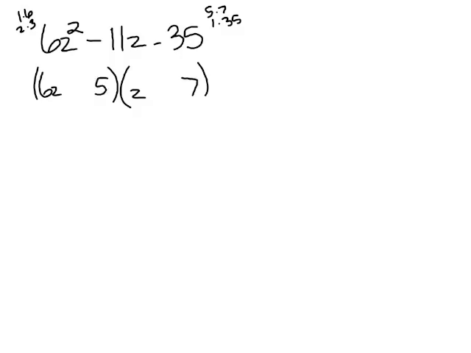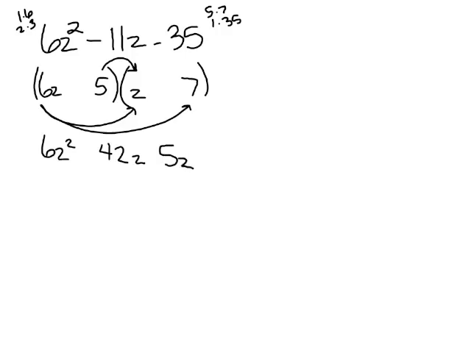So 5, 7. So 6z squared, 42z, and a 5z. Can I get an 11 from a 42 and a 5? No. Okay. Let's do another set.